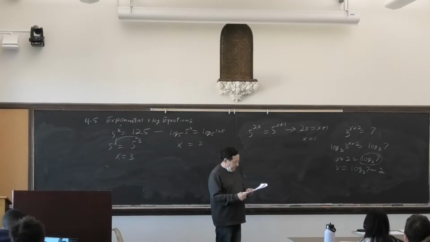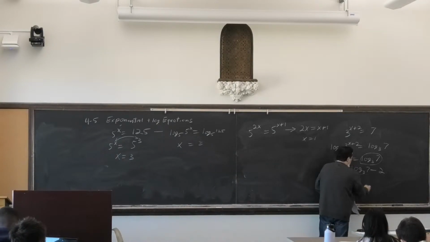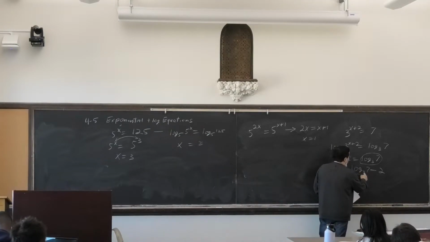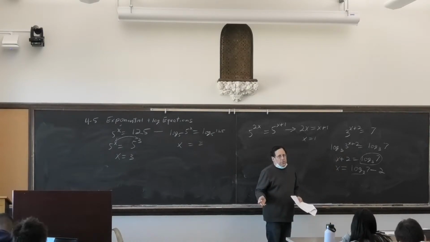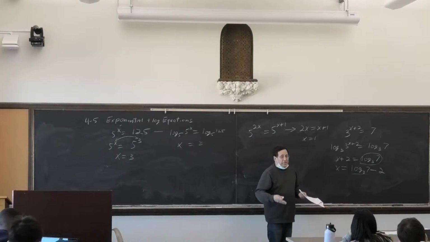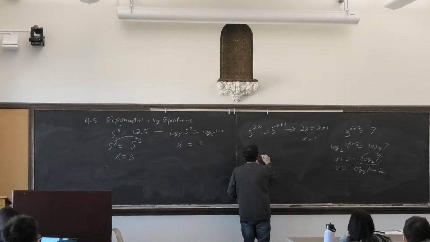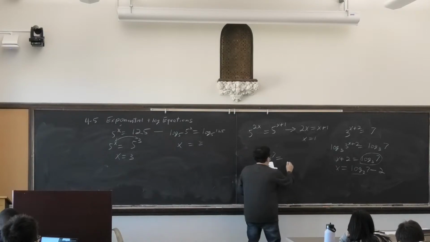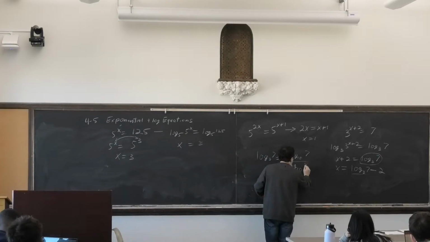If you're doing some science experiment, you might want to convert log to the base 3 of 7 into a log to the base 10 value, because then you can use your calculator and get a number. So if you recall, log to the base 3 of 7 is going to be log to the base 10 of 7 divided by log to the base 10 of 3.